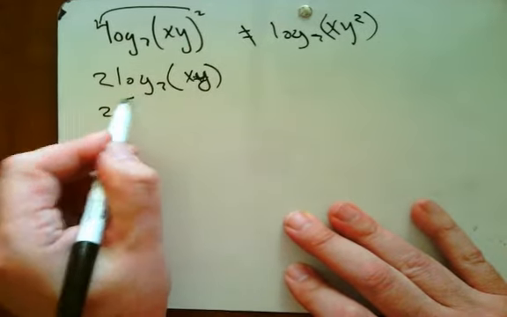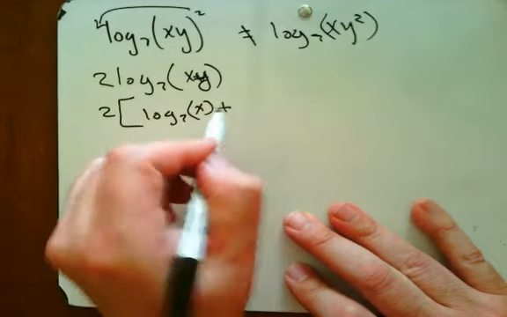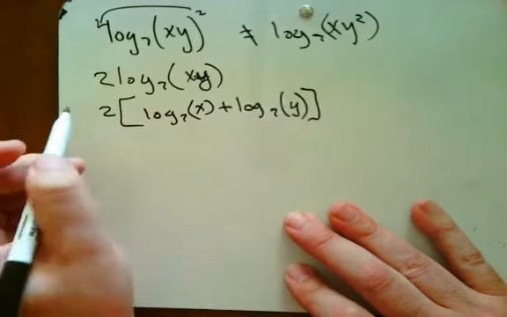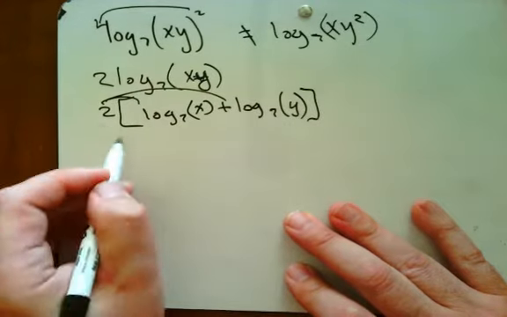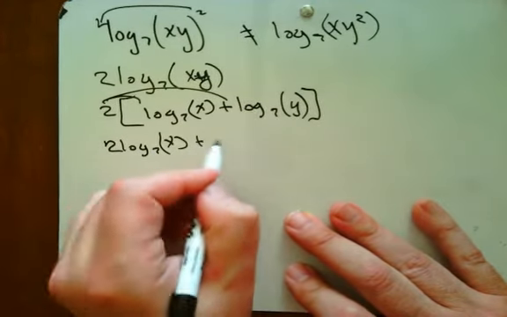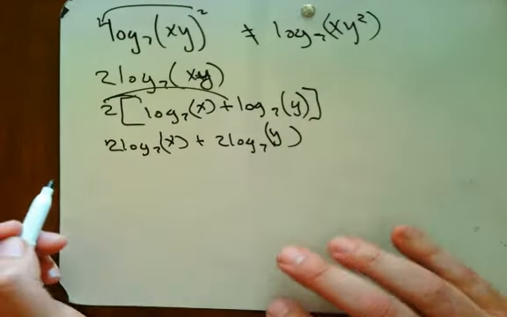So I actually have to use the power rule first, 2 log base 7 of xy, and then I can use my product rule, log base 7 of x plus log base 7 of y.